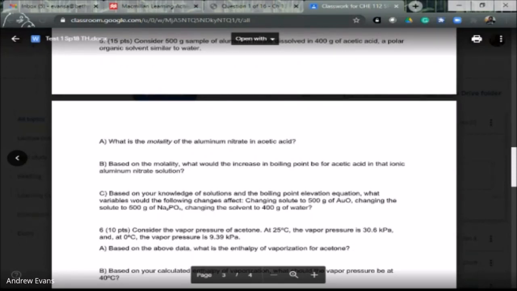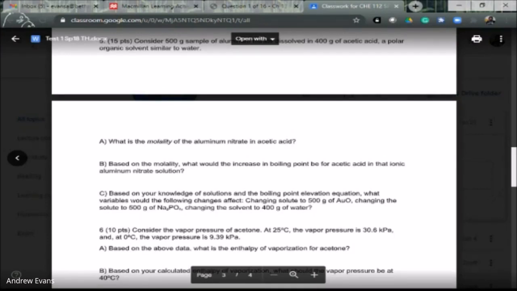Changing the solution to 500 grams of gold oxide. Well, gold is a lot heavier. Let's see, I'm trying to remember the molar mass of gold. And it would split into fewer ions. So there's a good chance the molality goes down, as well as the I. I would definitely go down to 2.